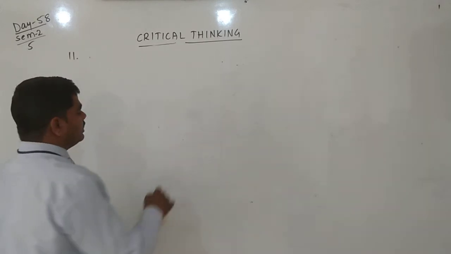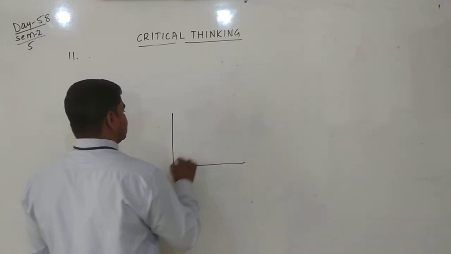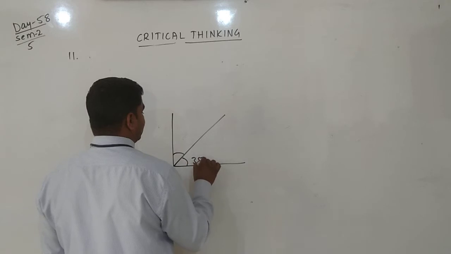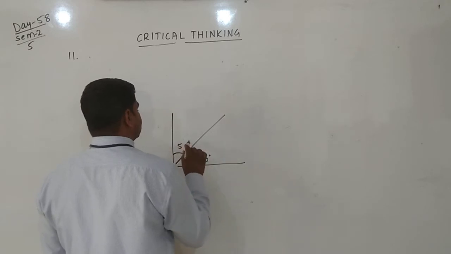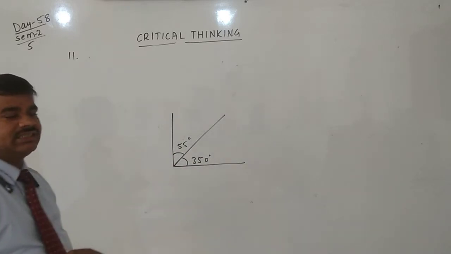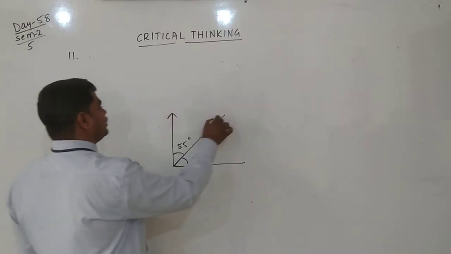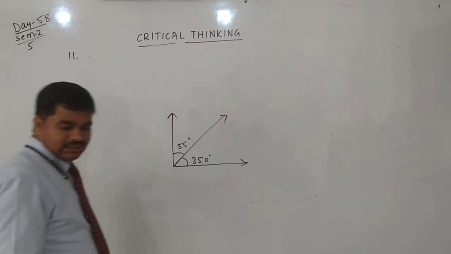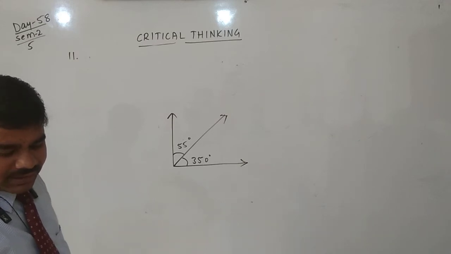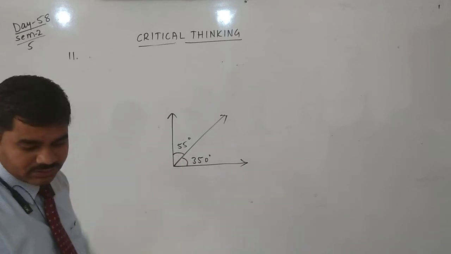Here there are 2 angles, this one is 35 and this one is 55. These are complements of each other. This is the complement of this one, and this is the complement of this one.